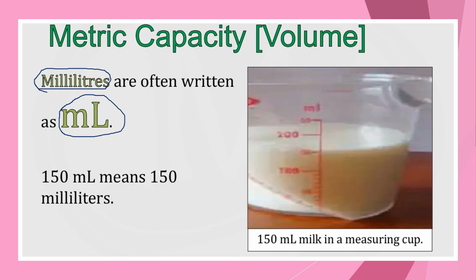Okay, so 150 milliliters will be written as short as 150 ml. So instead of writing milliliters in full like this, we can write it for short as ml. Okay, hope you're following and you're clear.